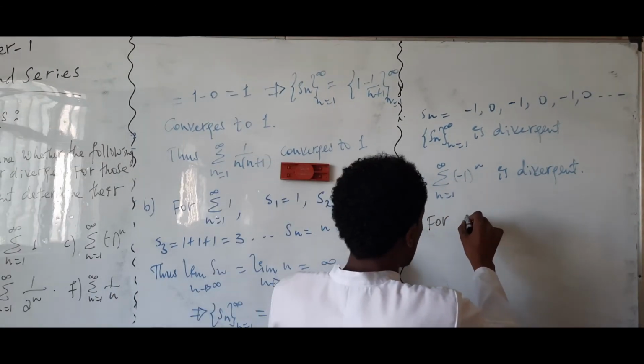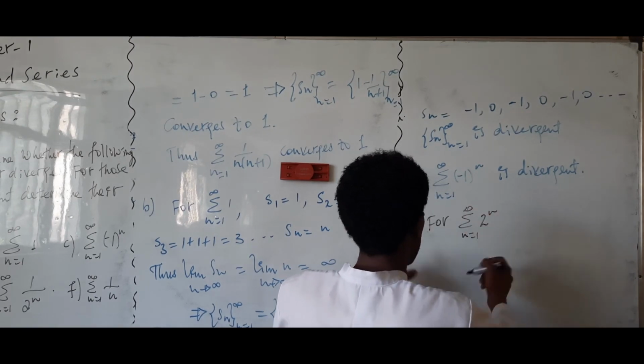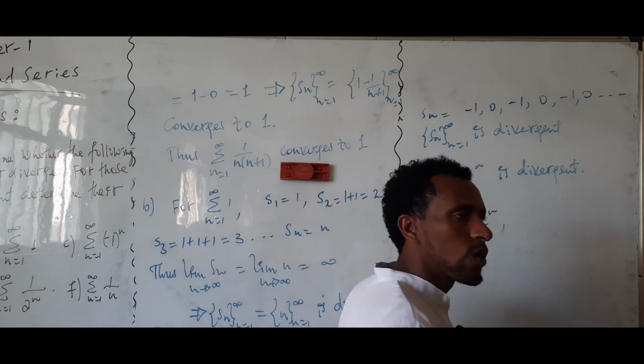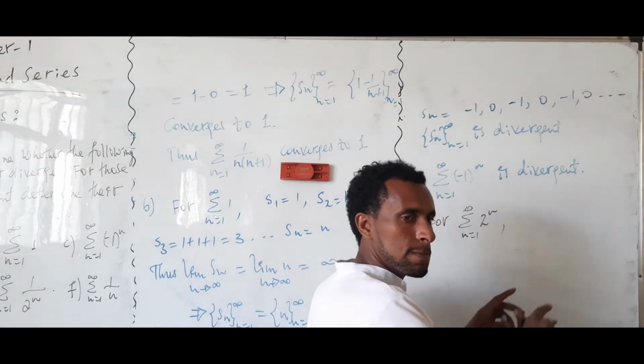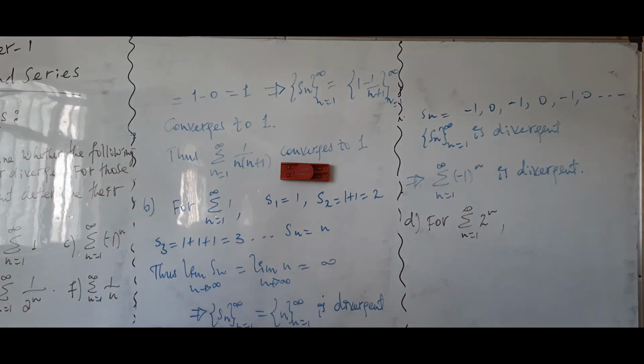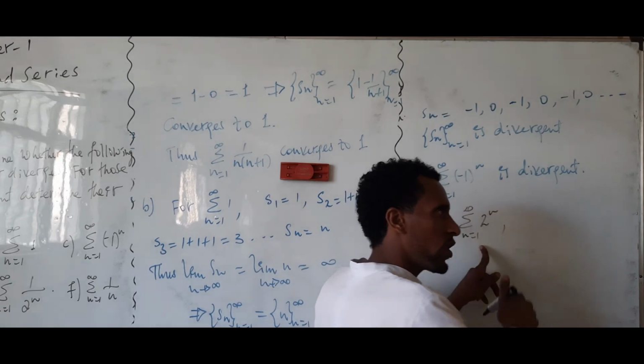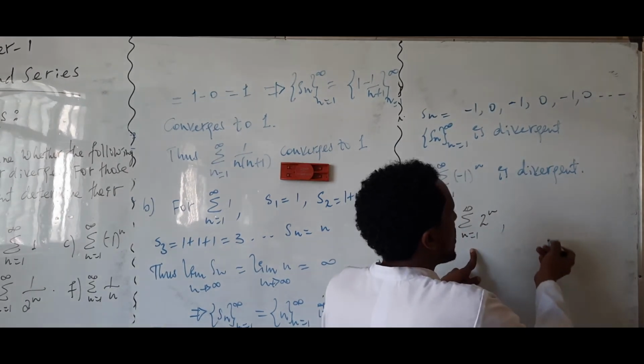For the series, the sum of 2^n when n is from 1 to infinity, what is S1? When n is equal to 1, it is 2.